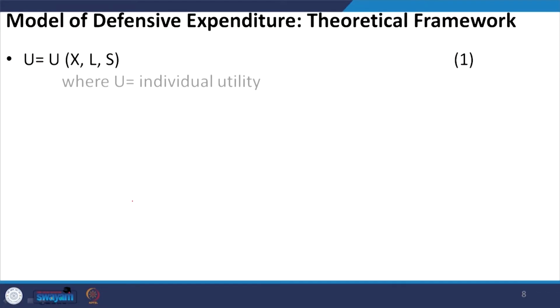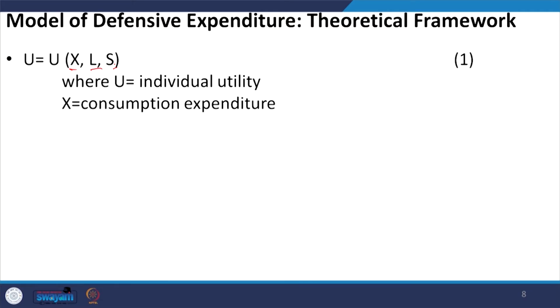For the same household we are talking about, the utility function of this household is represented by this function: the individual utility of this household is a function of x, L and S. That means the utility of this individual depends on the consumption expenditure he is making on x, y, z, any types of goods and services he is consuming, and also on the leisure time he is availing.